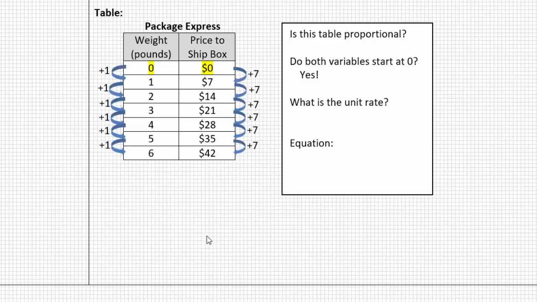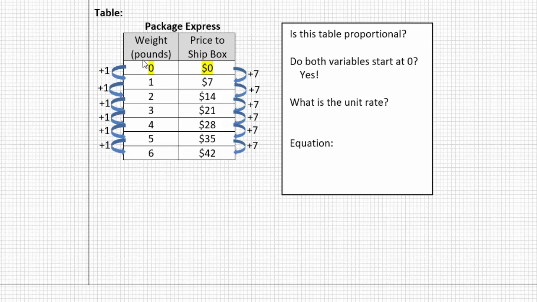Well, what I noticed as I did my analysis on this table to determine if it had a unit rate was just like I was showing you. See if you can find a pattern. And what I noticed is that every time it was adding 7. The price is adding 7 every time the weight increases by 1.